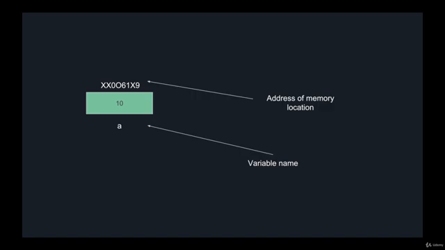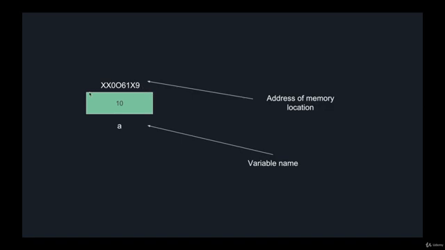When you declare this variable and assign it a value, what the compiler does is it allocates a memory block corresponding to 4 bytes, and if you are assigning a value 10, this 10 sits in this particular block.